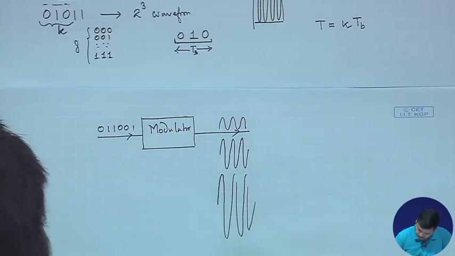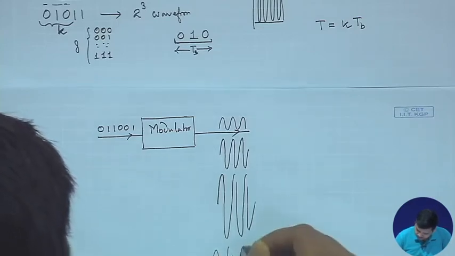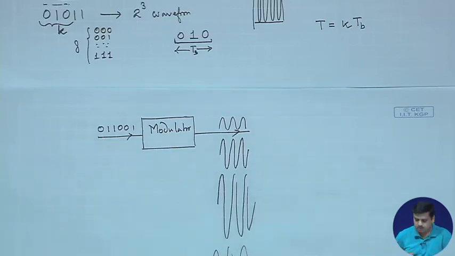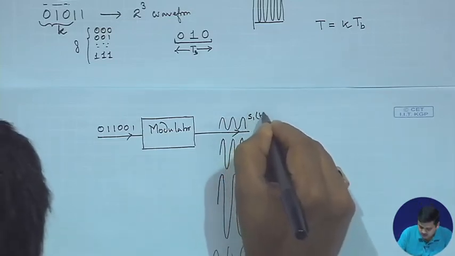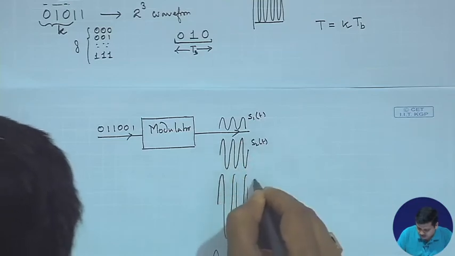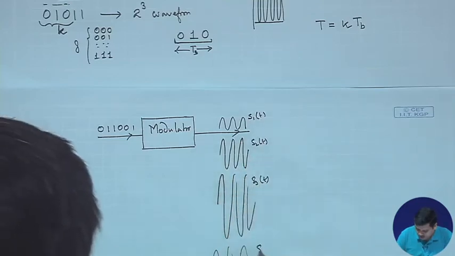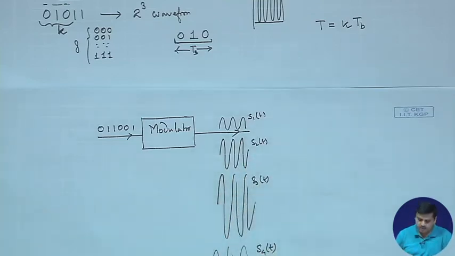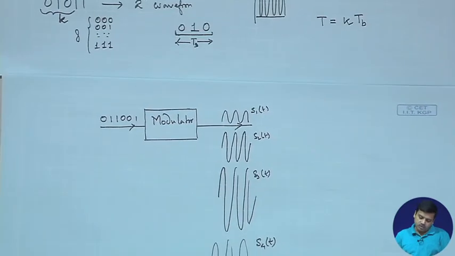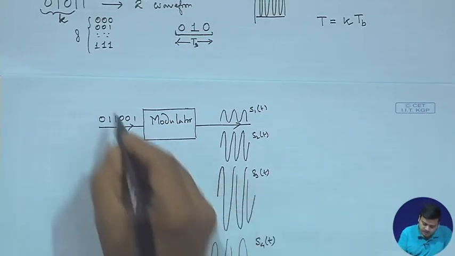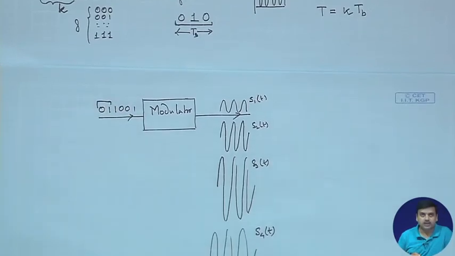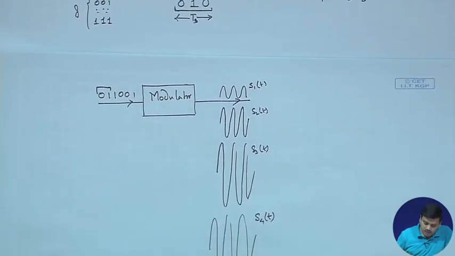Or let us say even a bigger one. So, these are the 4 options: S1 of t, S2 of t, S3 of t, S4 of t. If it has to choose between these 4, that means it will be grouping 2 bits at a time.